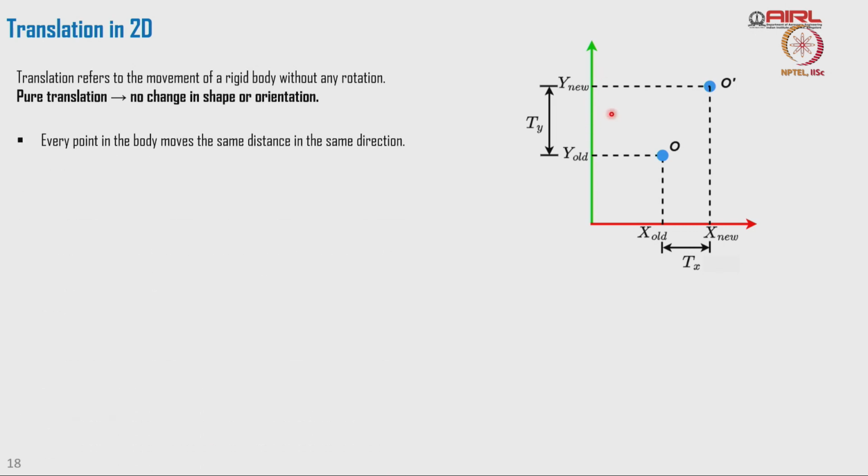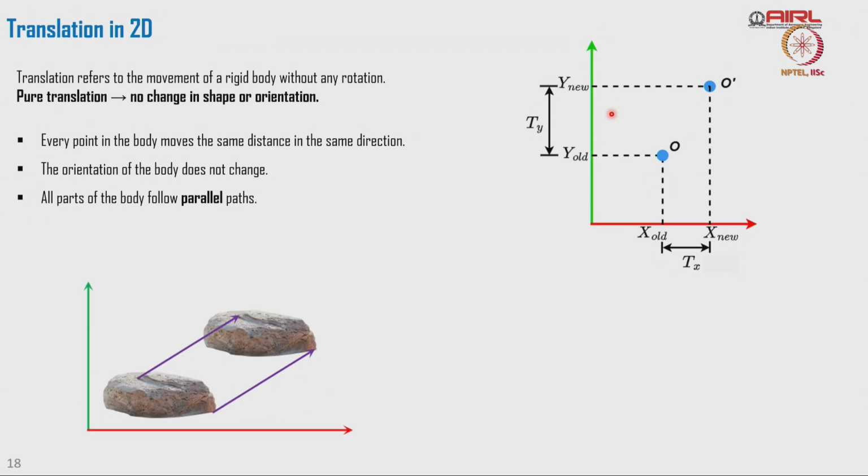Every point moves the same distance in the same direction. That is very important, we need to look at this in translation in 2D. The orientation of the body does not change. The rigid body orientation remains constant in O as well as in O prime. A rigid body, as mentioned earlier, has a lot of points. All those points move the same distance and they follow a parallel path.